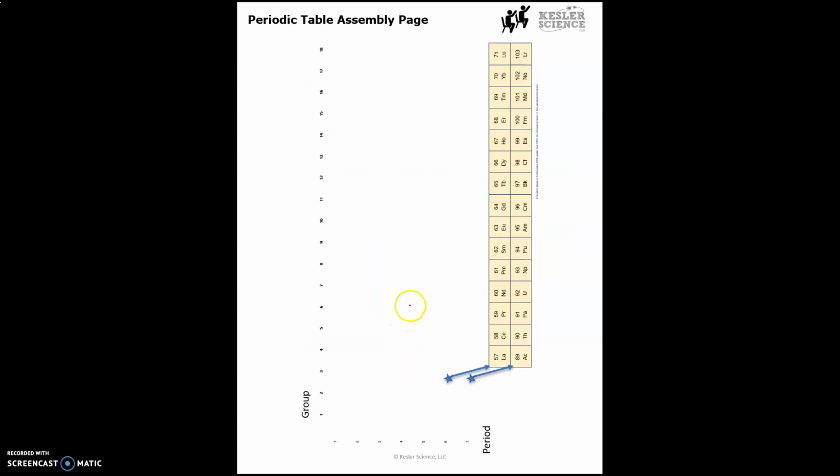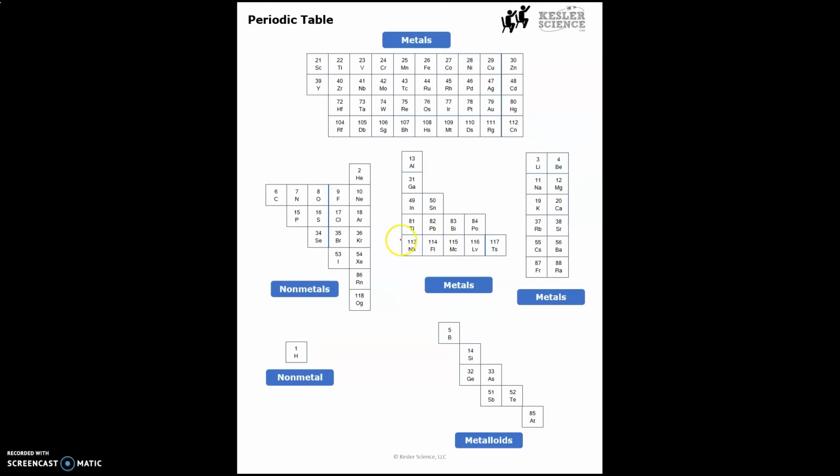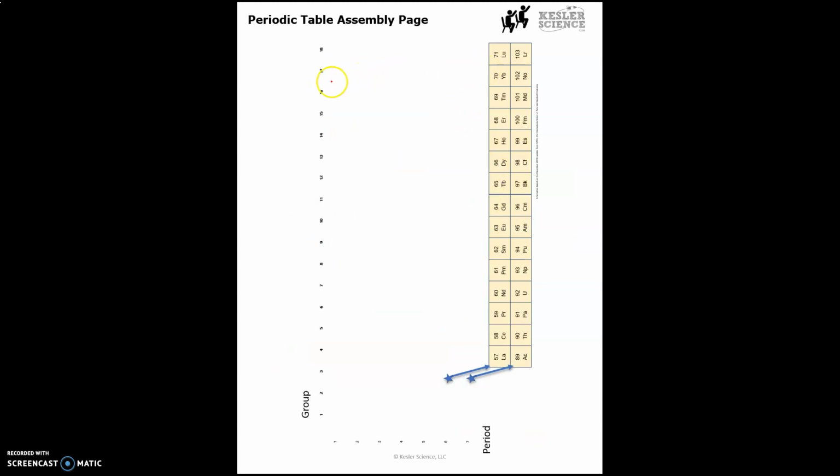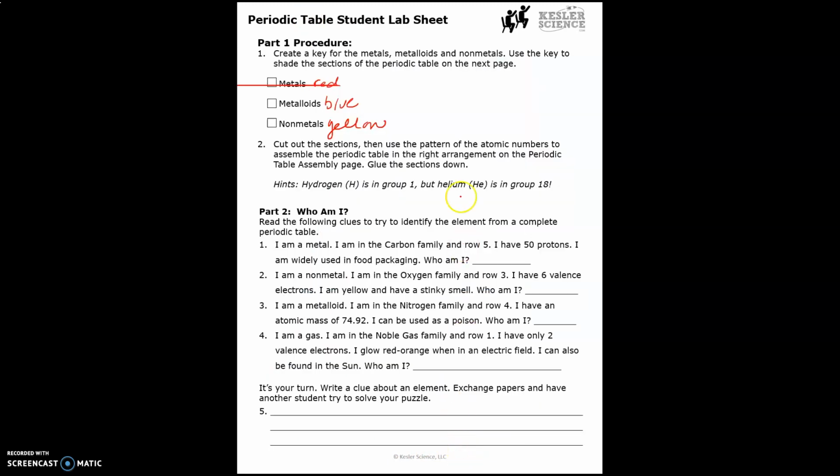We'll use glue sticks to glue them down, but make sure they all fit where you want them to be. If you have any questions about where they're supposed to be, please ask. But I would use a periodic table to guide you. Once you have that where you want it, these are the group numbers across the top. These are the period numbers across the side. You want to use those as guides as well. So that's number 2 in part 1.